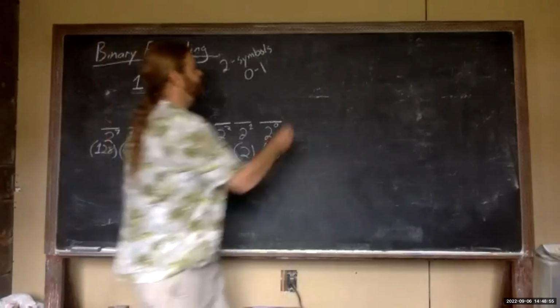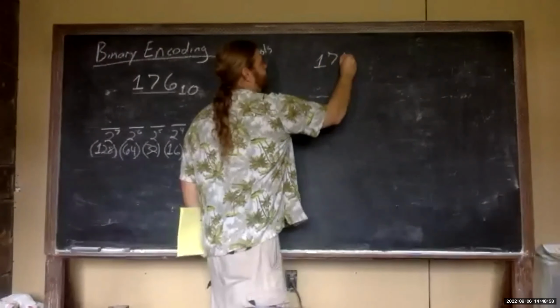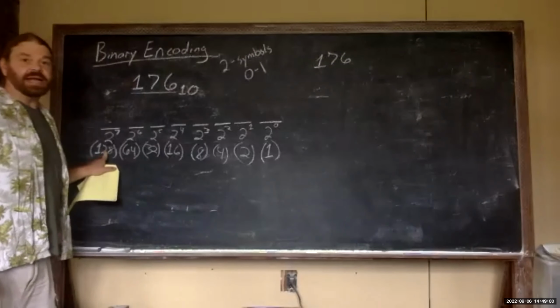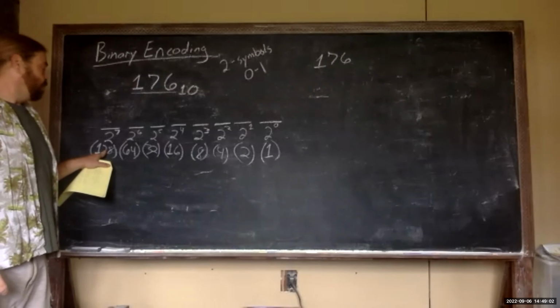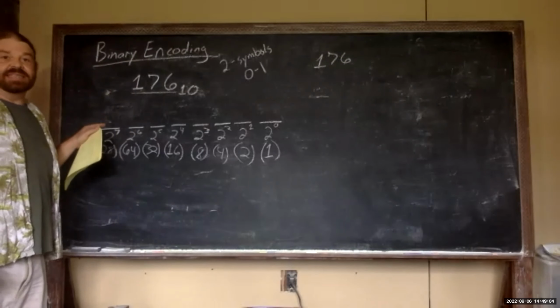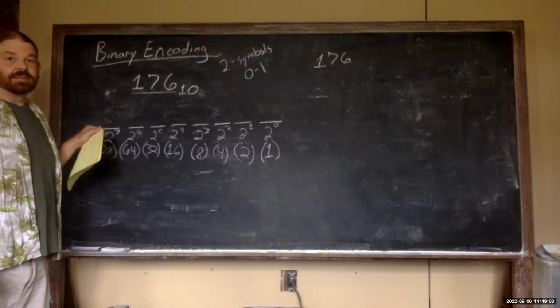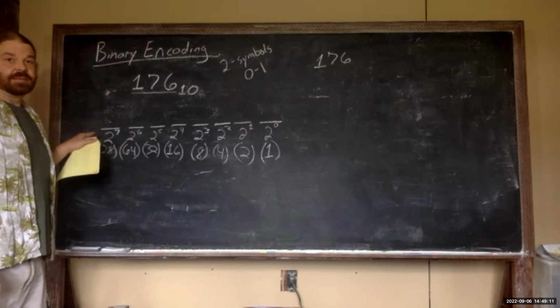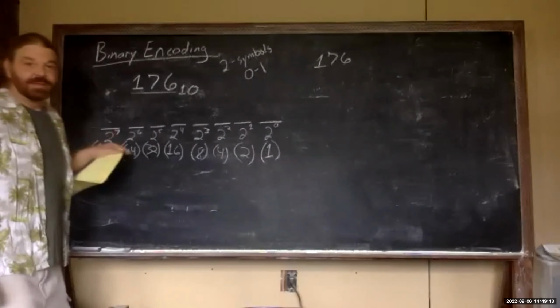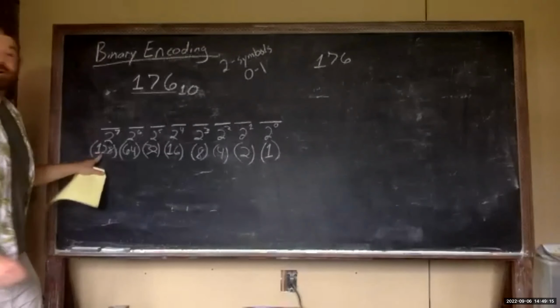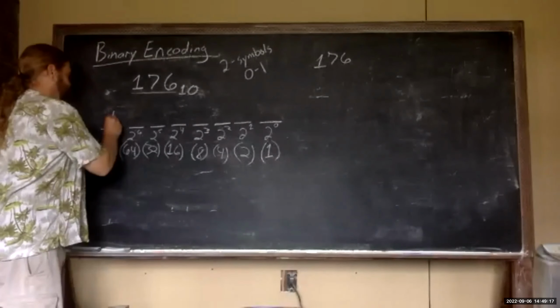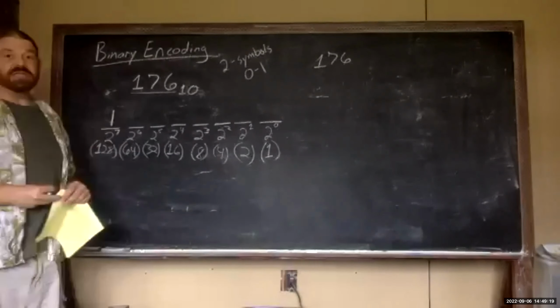So we're trying to add up to 176. Our first column is 128. Will 128 fit inside of 176? Anyone say yes or no? Yep. So it will fit, right? So with binary, we end up with yes or no questions.